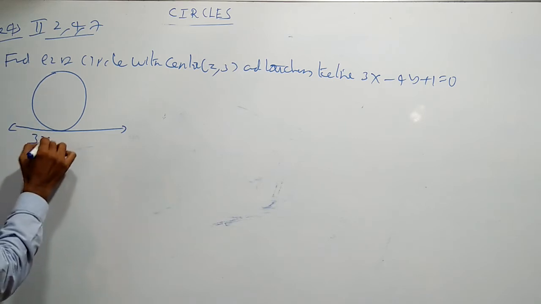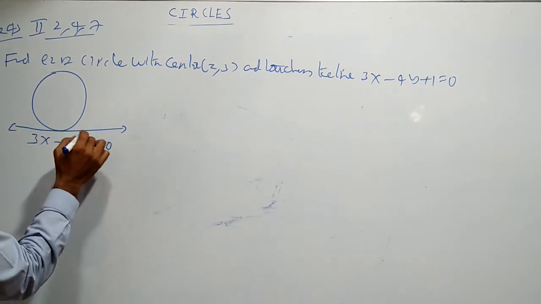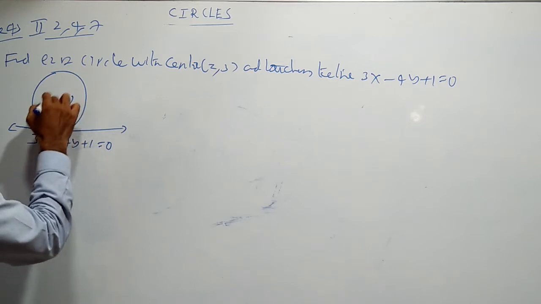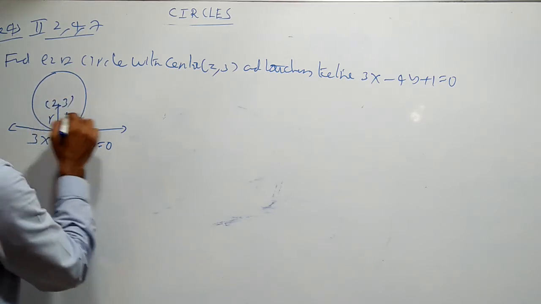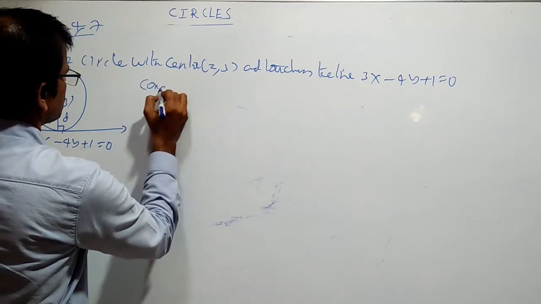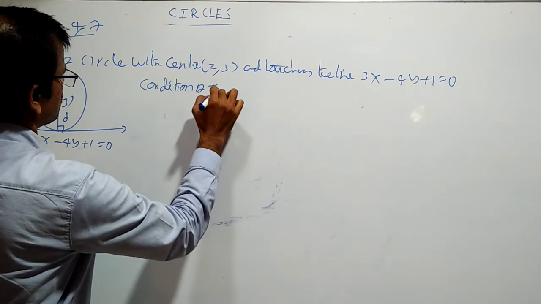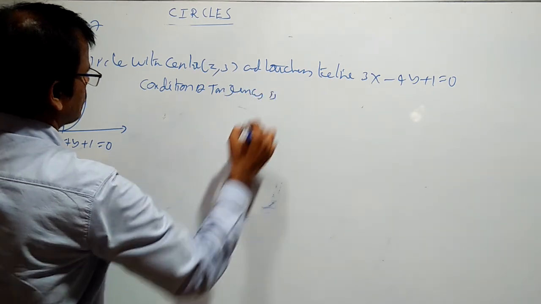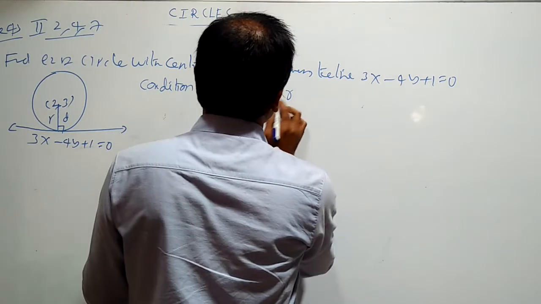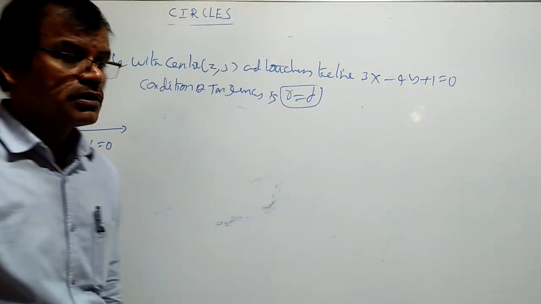This is line 3x minus 4y plus 1 equal to 0. Center 2, 3 is given. Here you put D and R. Condition of tangency you write. Condition of tangency is R is equal to D.